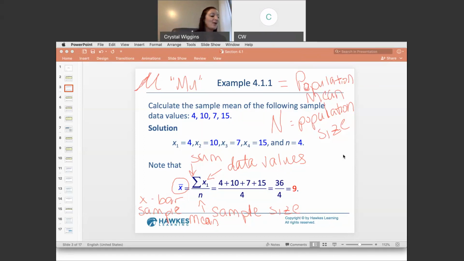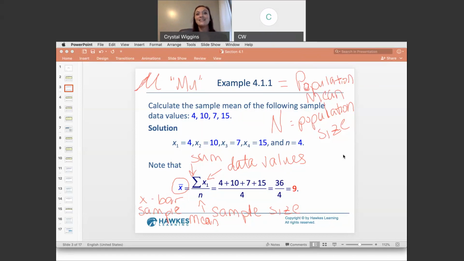Okay, so that's our mean formula and our symbols for sample mean versus population mean. Really important, because as we dive into word problems later on, as the course progresses, we are going to have to decode the word problems.